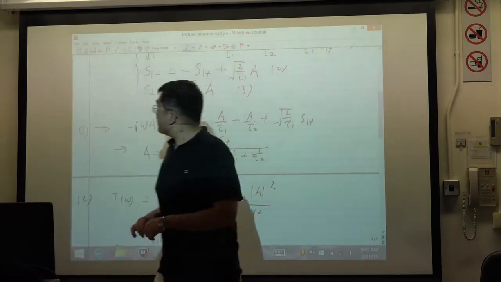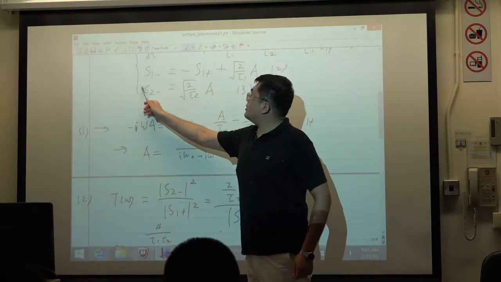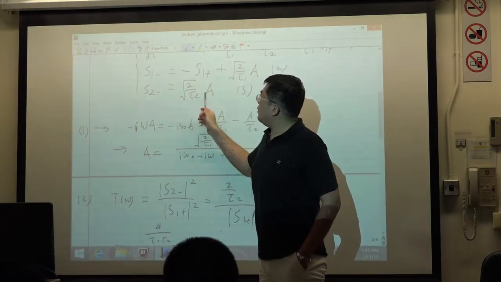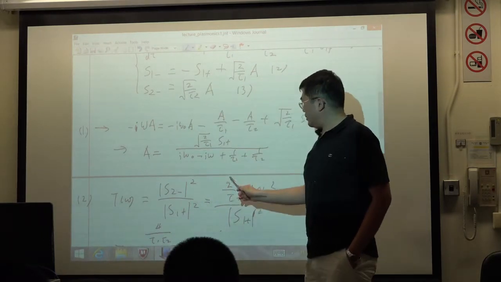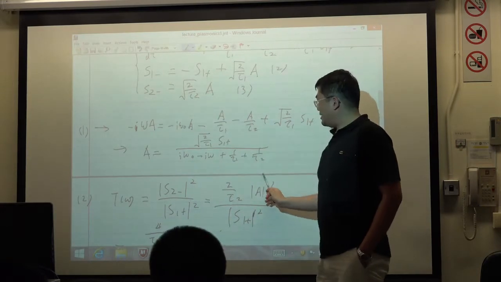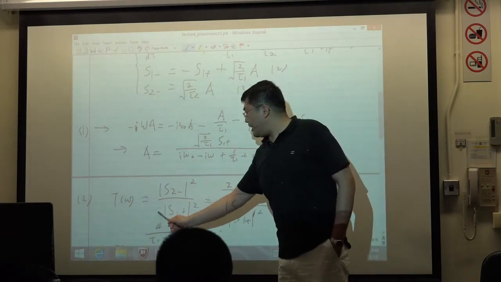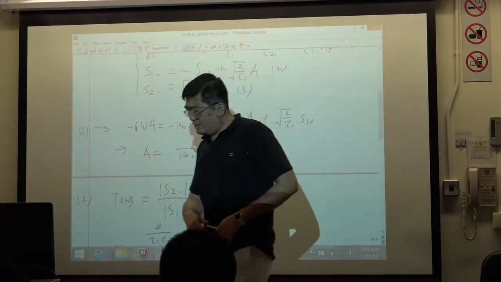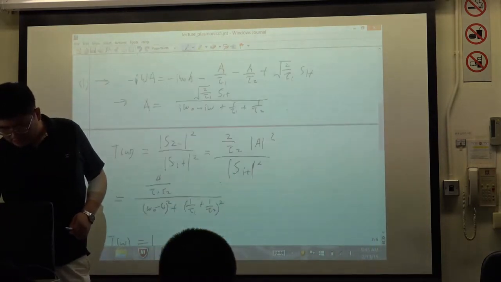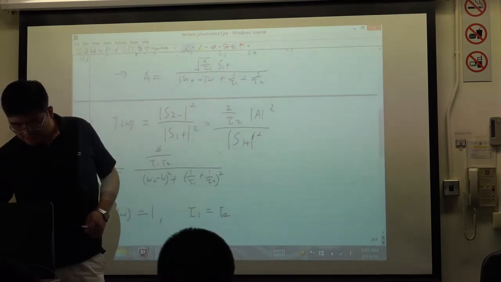You can see that this transmission wave is only determined by the cavity. So I just square it, 2 over tau 2 and A squared, over the incoming wave S1 plus. I put everything together and you can get this equation. It's easy to get.